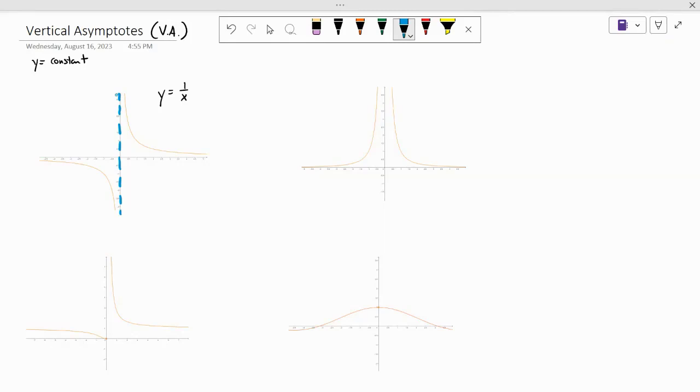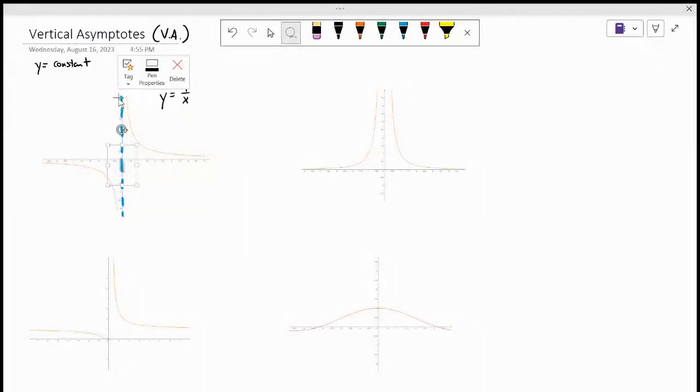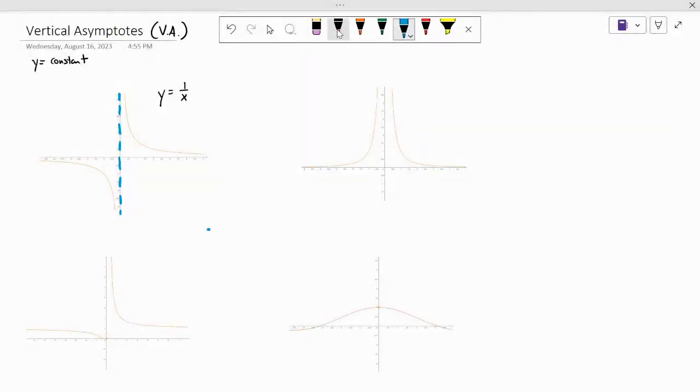But what you want to observe here, and in fact in all these graphs, is that a function's behavior can be different depending on which side of an x value we're on, right? So in the first graph, if we're to the right of 0, we would say that the function grows without bound. Its limit as x approaches 0 would be infinity. But from the left side, the function goes to negative infinity.